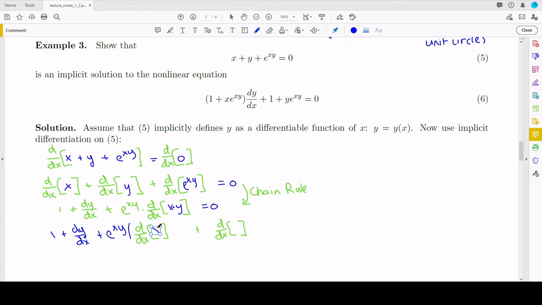So it's the derivative of x times y plus x times the derivative of y. All of that times e to the power xy, and that's still 0. So let's write down that we use the product rule here.